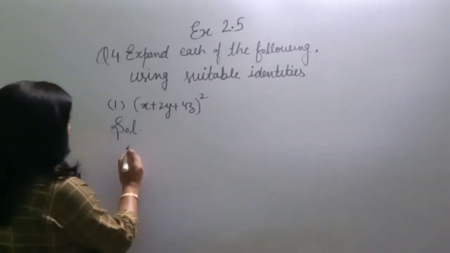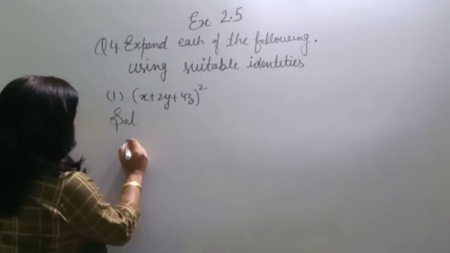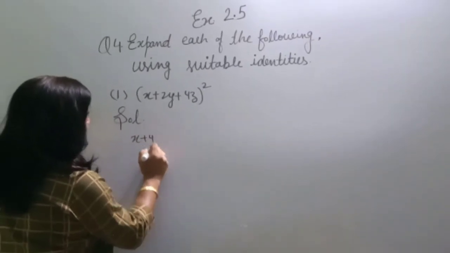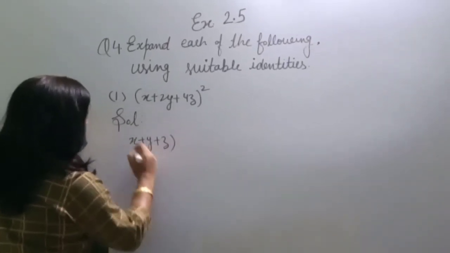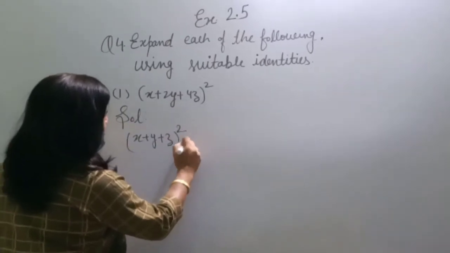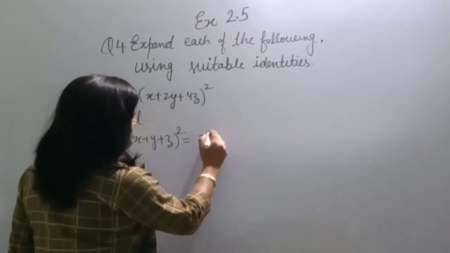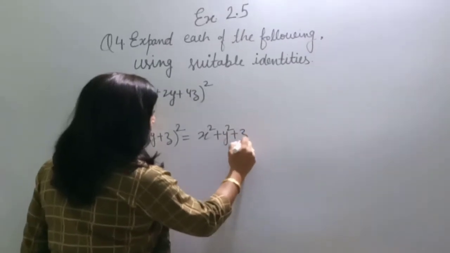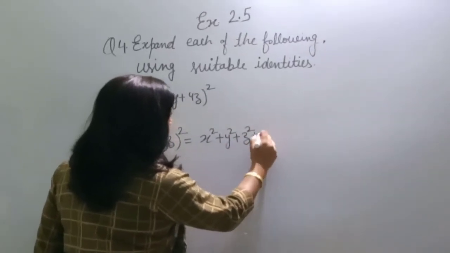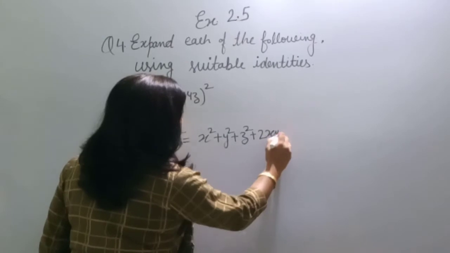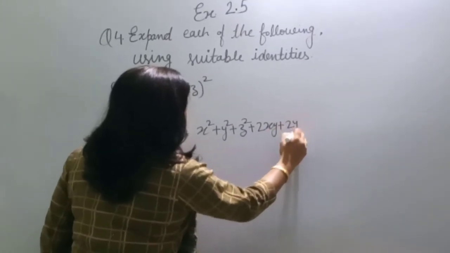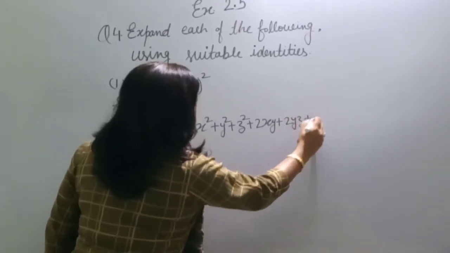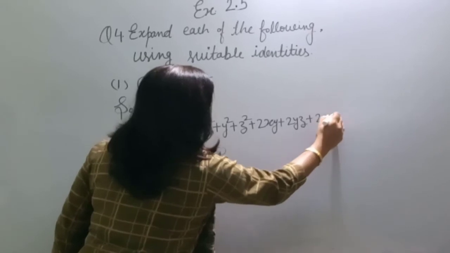The suitable identity is (x + y + z)² = x² + y² + z² + 2xy + 2yz + 2zx.